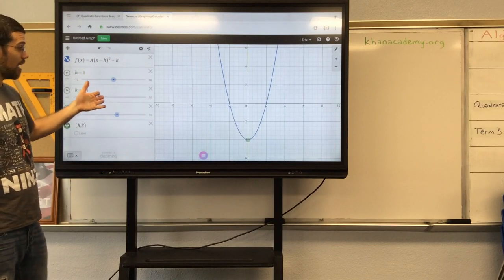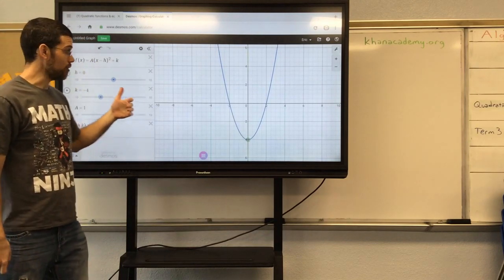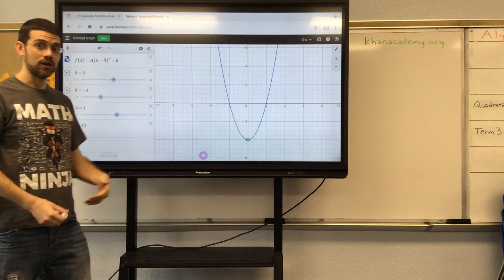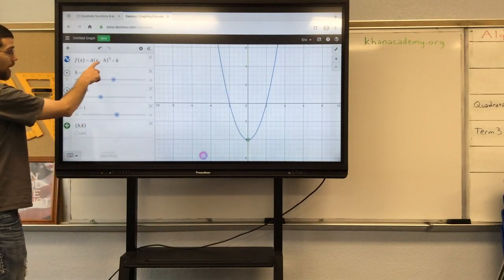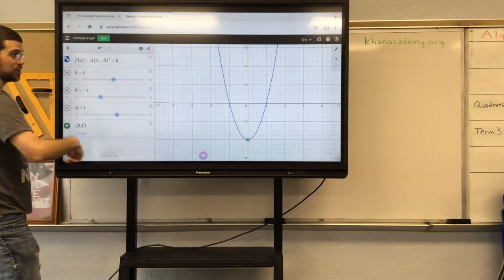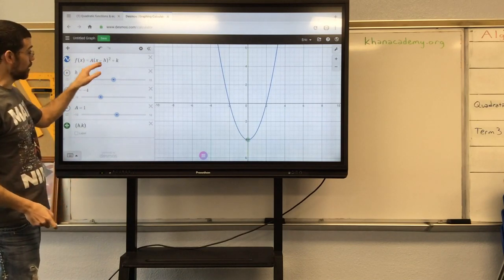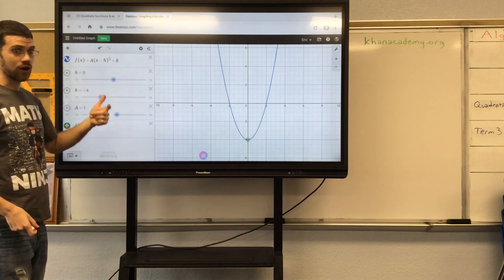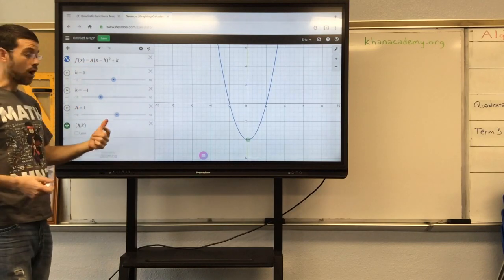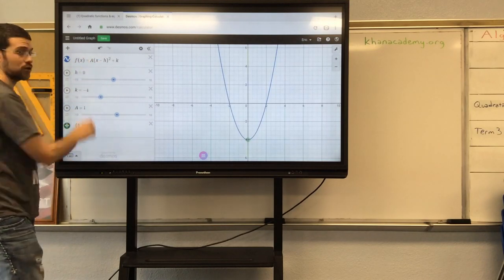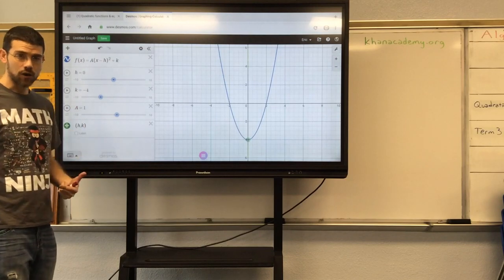If we want to now have that y value come from a different x input, we're going to have h be the opposite of whatever x input we want, so that the thing we are squaring is equal to 0.